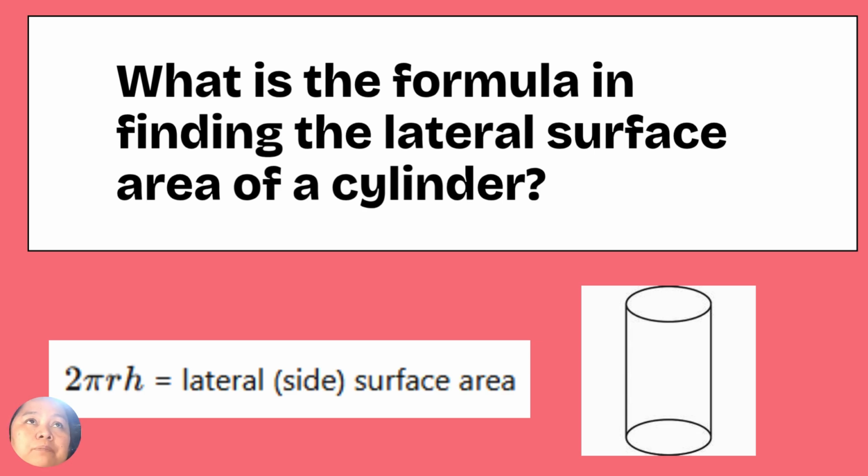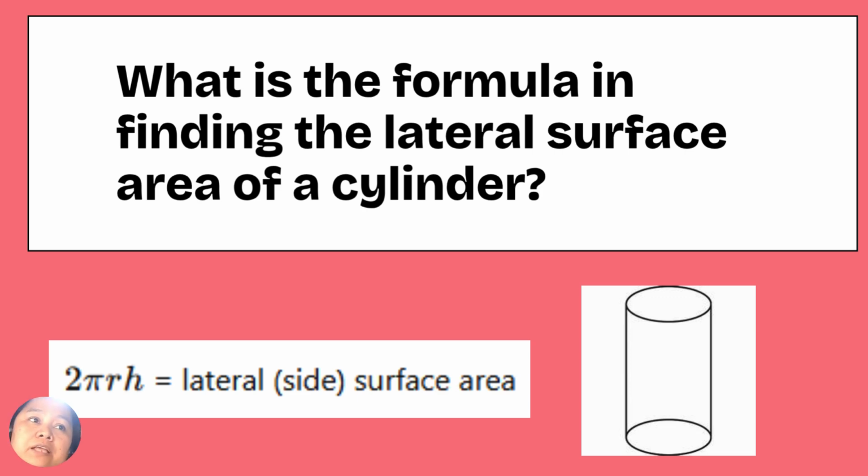So we are taught how to solve for the surface area of a cylinder. And we also have this kind of surface area, the lateral surface area.